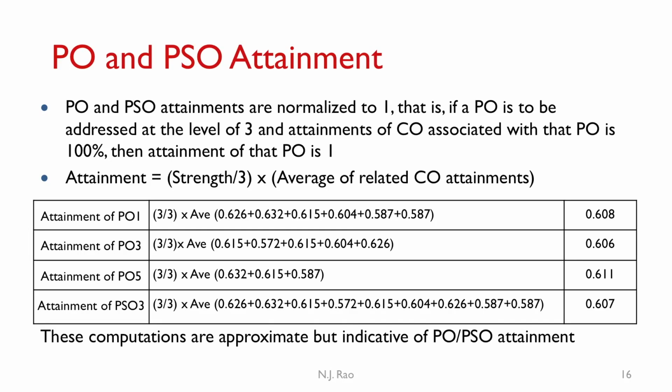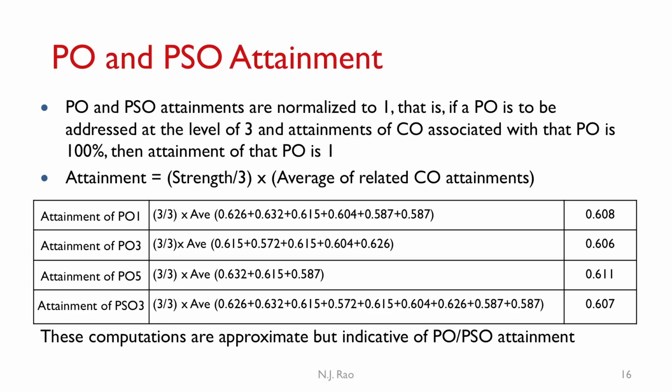Whereas for attainment of PO5, there are only 3 COs that are addressing PO5, but the strength is still 3. So what do I have? 3 by 3 into the average of those 3 numbers, and I get 0.611. For PSO3, all of them are addressing it, so I have again 3 by 3 into the average of all of that and I get 0.610.